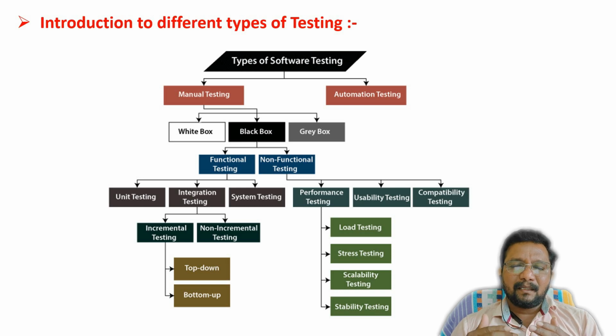In graphical user interface, usability testing will be there, that means how user friendly the application is. So we cannot automate it, right? Why? Because our system is not a user, it is not a human being. How the application is friendly to us, we can observe by looking at it, right? So that is the reason few areas cannot be automated, they should be tested manually.